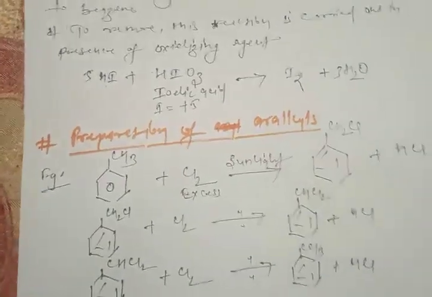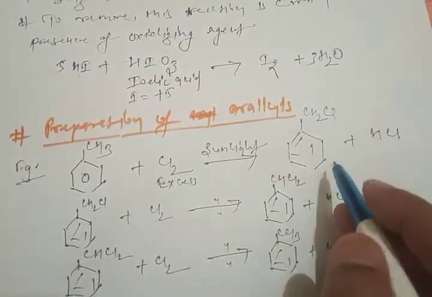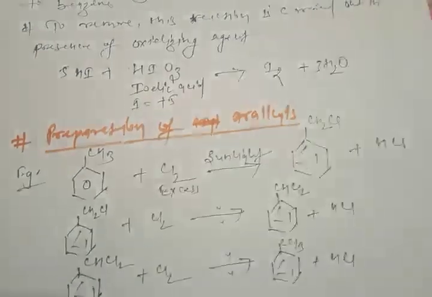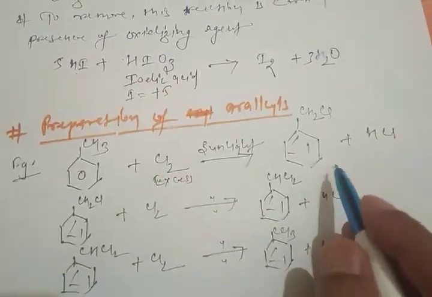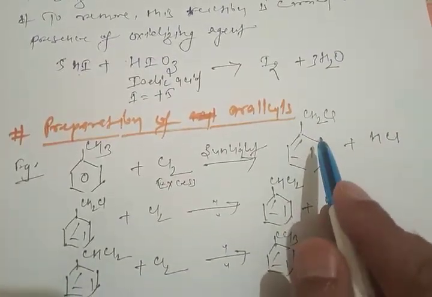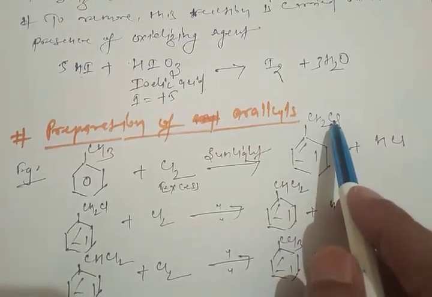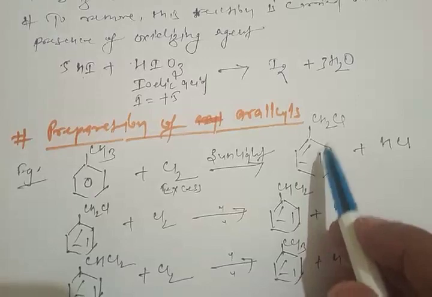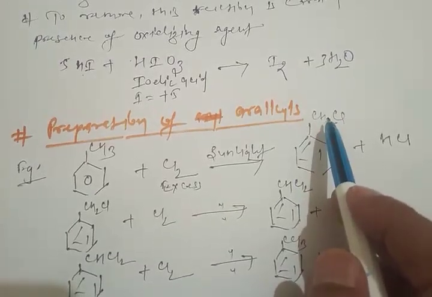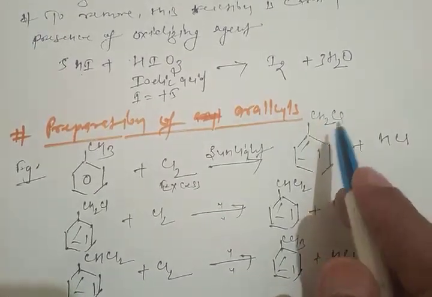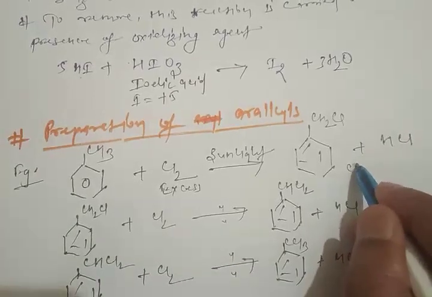And again, you should remember the names also. This compound has a chloro substituent and phenyl, and this is the methane. So this is chlorophenyl methane.